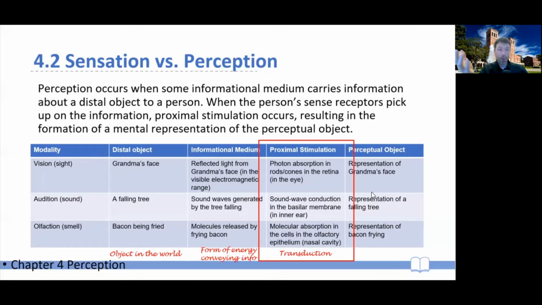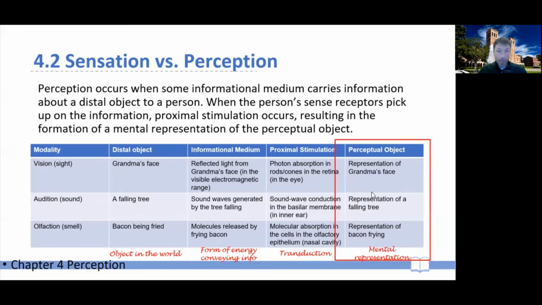So something that your brain can work with. And finally, your brain then takes this information and employs both bottom-up and then top-down processes in order to reconstruct, to infer what is out there in the world. What is the perceptual object? So you recreate a mental representation of the distal object.